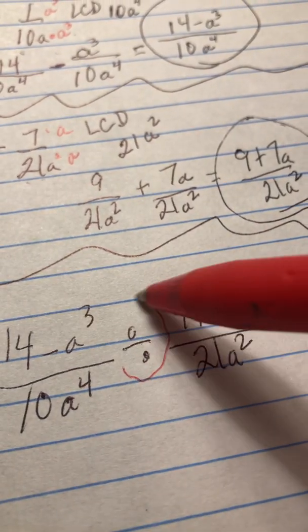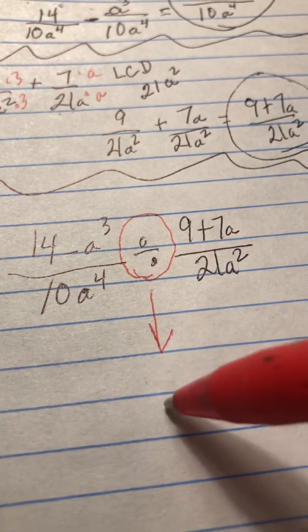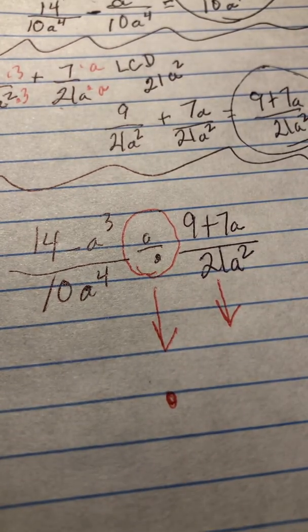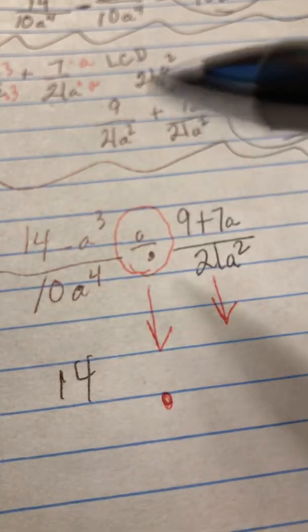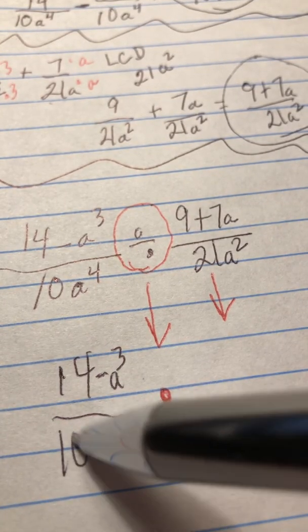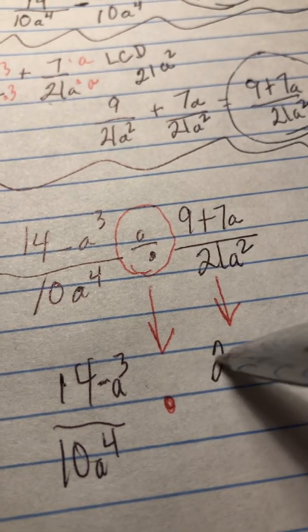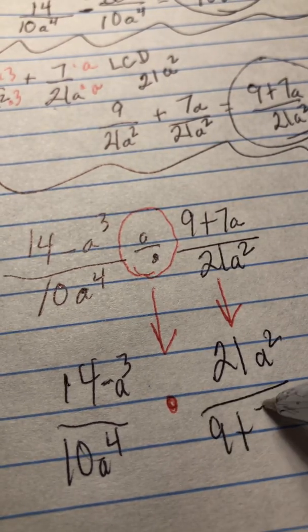When we have division, we have to do two things. We have to change it to a multiplication, and we have to flip the second fraction. So we have 14 minus a to the third over 10a to the fourth. The first fraction doesn't change at all right now. And then 21a squared over 9 plus 7a.